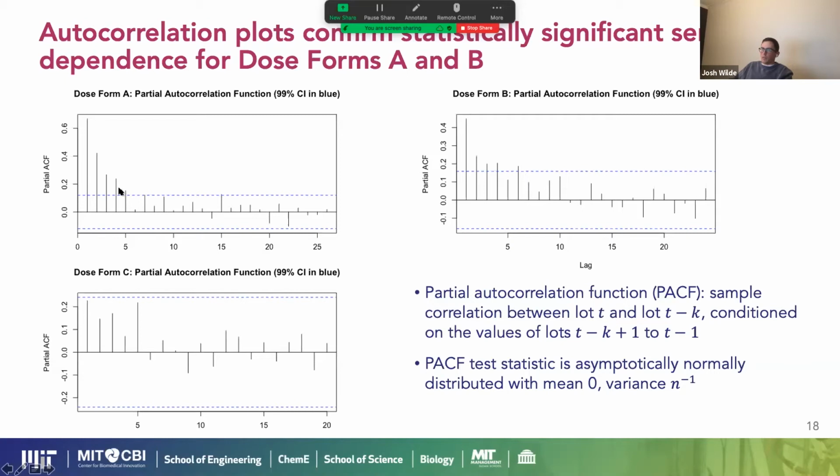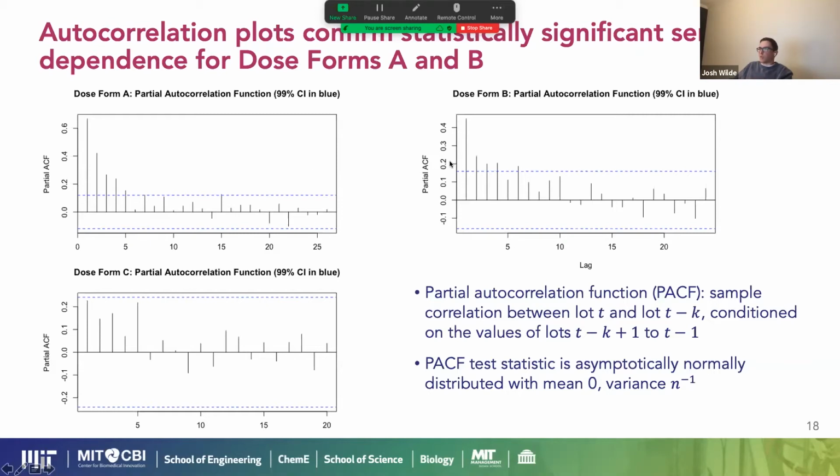Regardless, by the way, these dashed lines show a 95% confidence band. The key insight from these plots is that whenever you see the correlation functions above this confidence band, you have statistically significant autocorrelation between the adverse event rates of nearby lots.